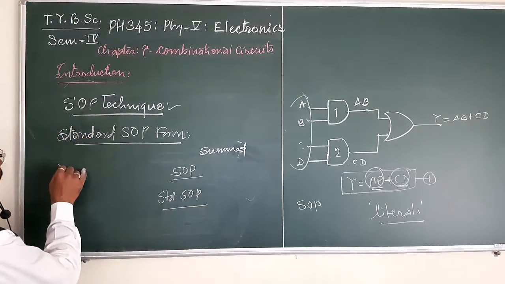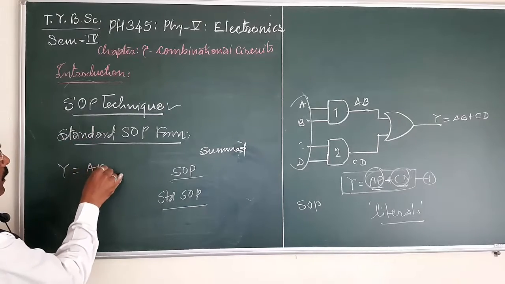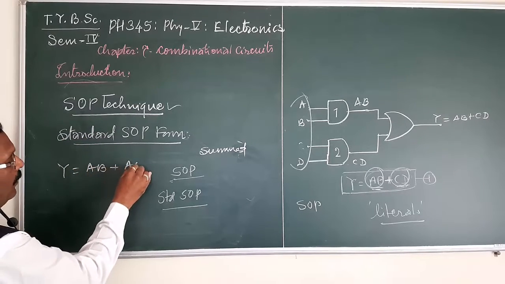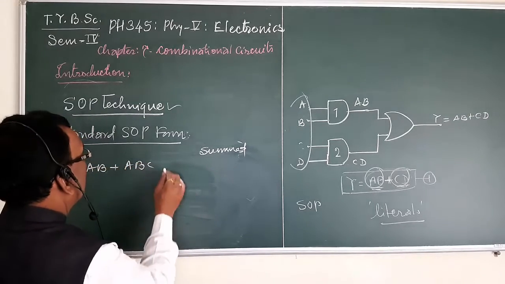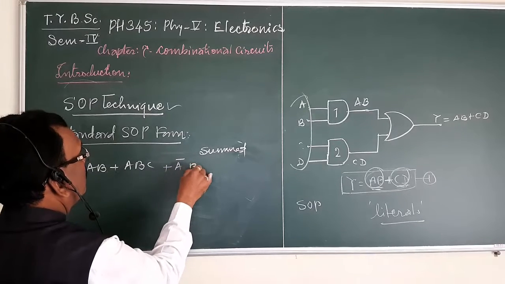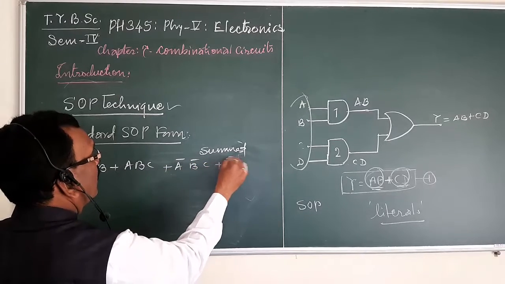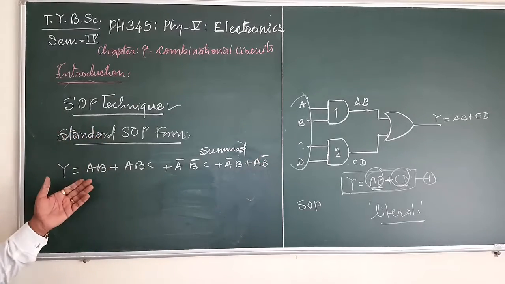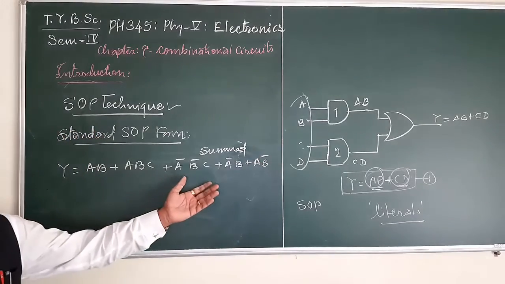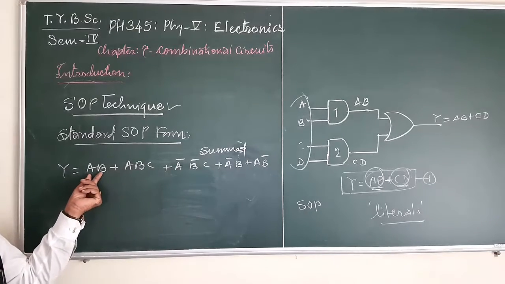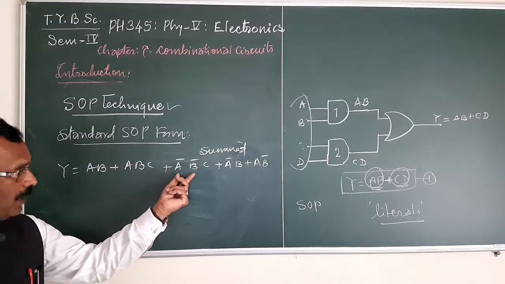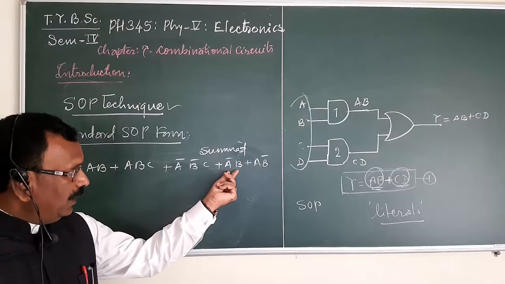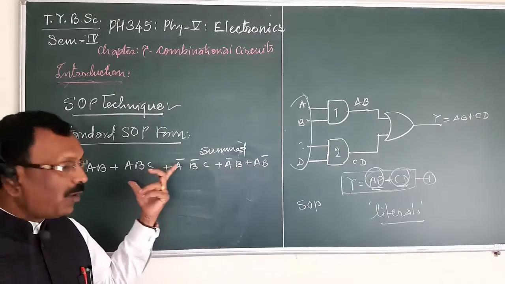Suppose Y is equal to AB plus ABC plus A bar B bar C plus A bar B plus A B bar. See here there are 5 product terms: AB is a product term, ABC is a product term, A bar B bar C is a product term, and so on.